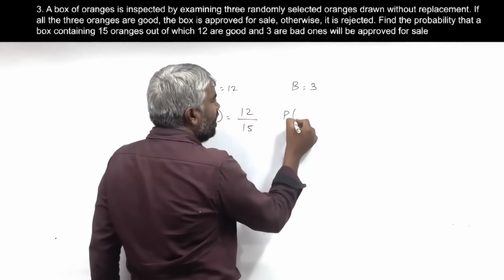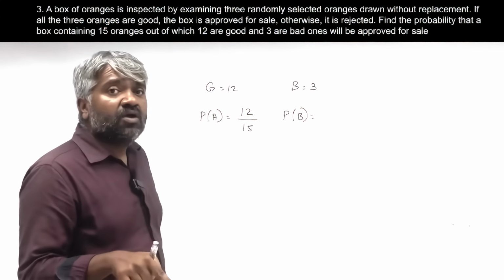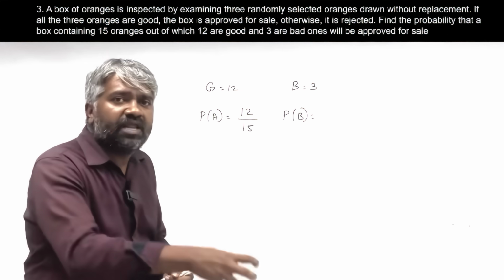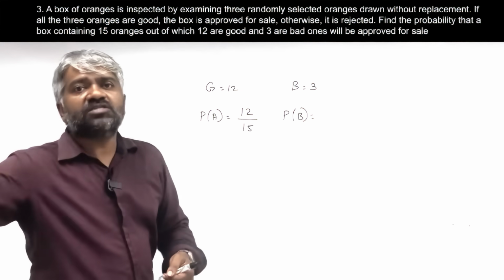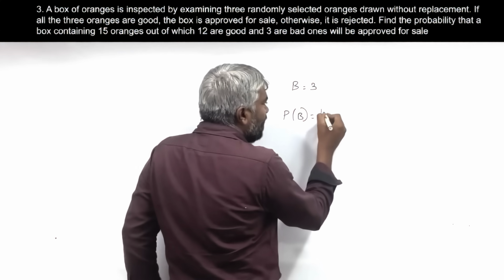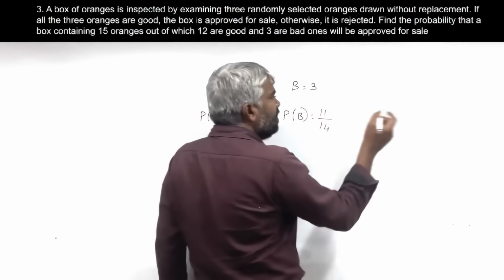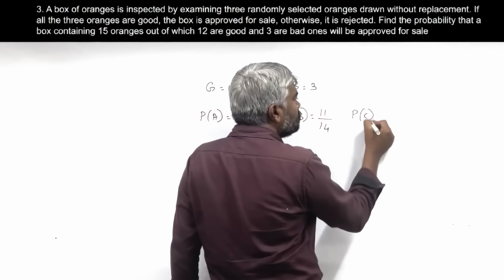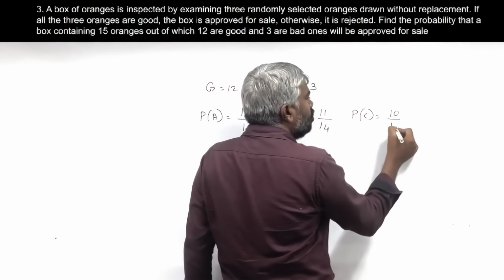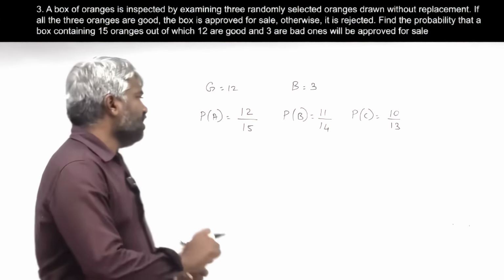Next I take the second orange. How many good oranges will be there? Since you picked one and kept it out of the box, the remaining 11 are good. I keep this orange also out of the box. Then 10 out of 13: totally 13 oranges will be there, and of those 10 are good.